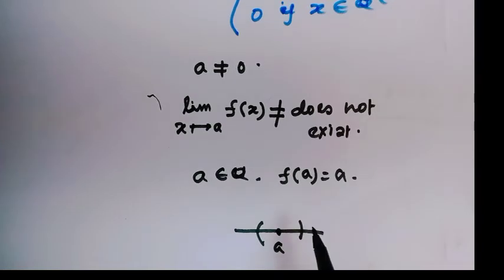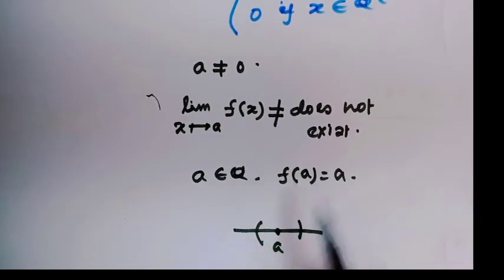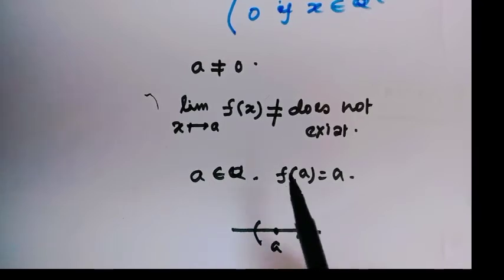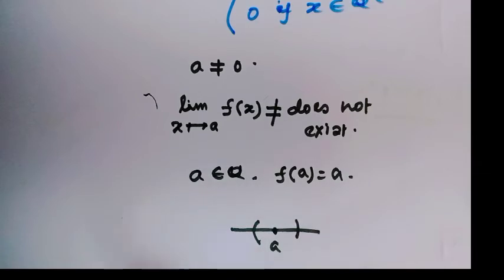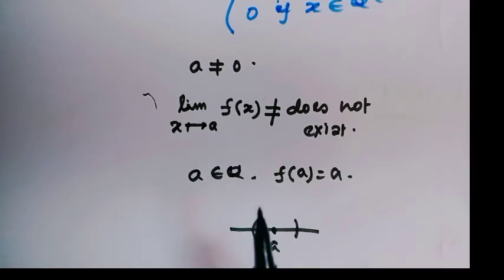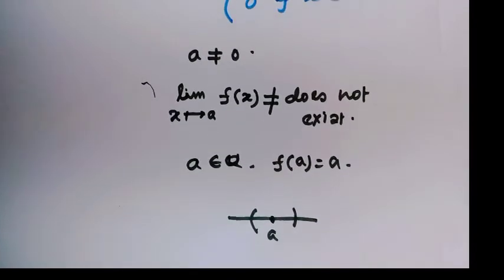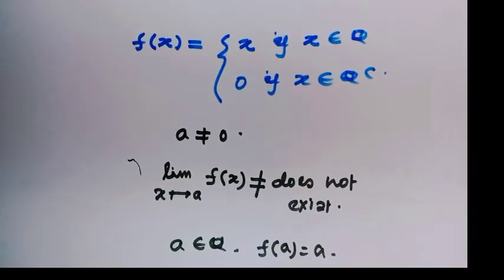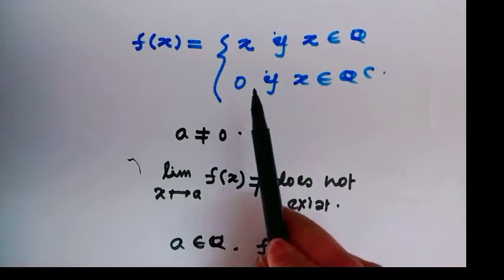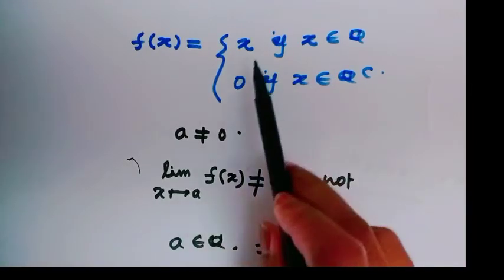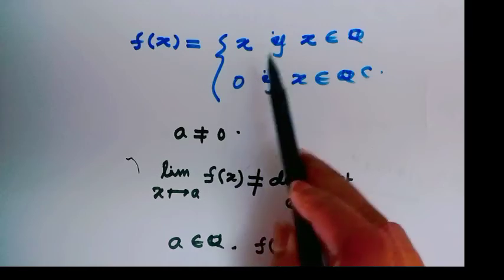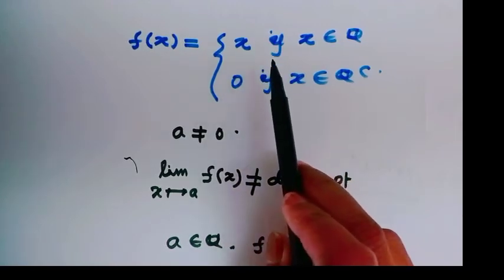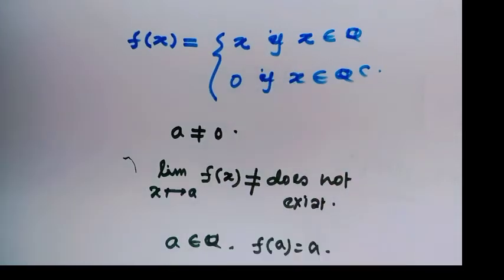So the function keeps on oscillating. So the limit does not exist at any point a where a is not equal to 0. Continuity exists only at 0, because here the limiting value and the functional value are the same. Okay? Are you getting my point?